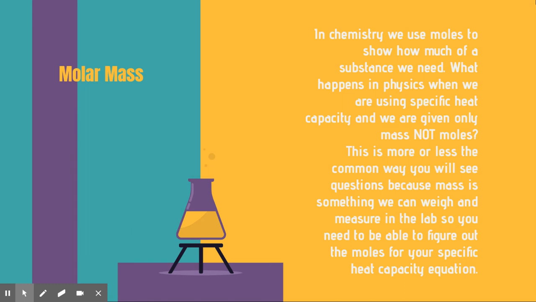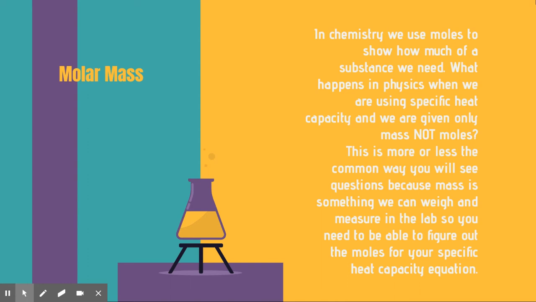But in physics, we talk about something called specific heat capacity. It's not just in physics, it's across the board in science, but we're going to talk about it in our physics unit specifically. A lot of times we are not given moles. In a question, you are, but in a real life situation, such as in the lab, you're going to be given the mass of something.